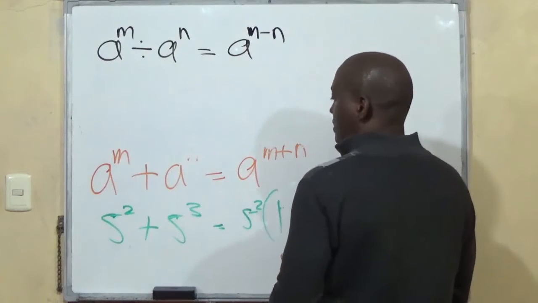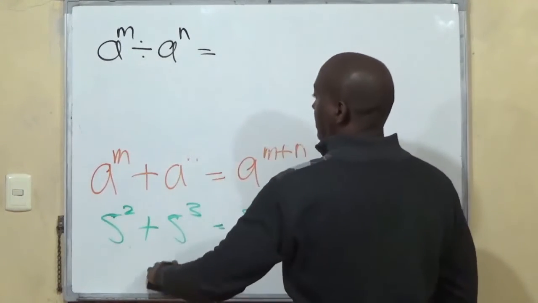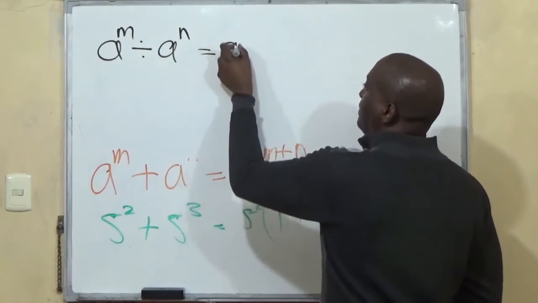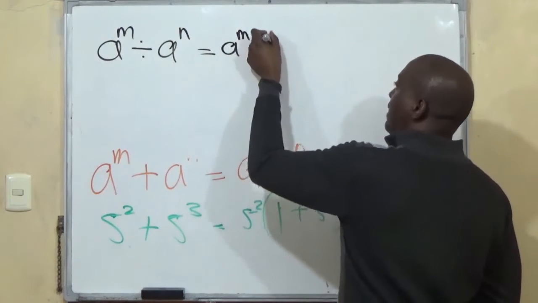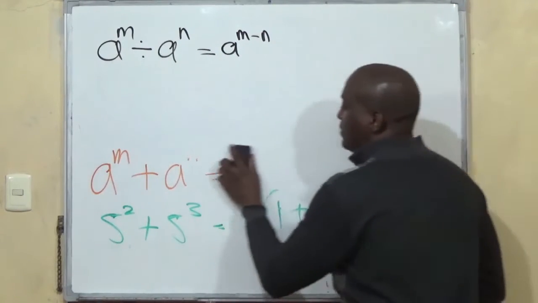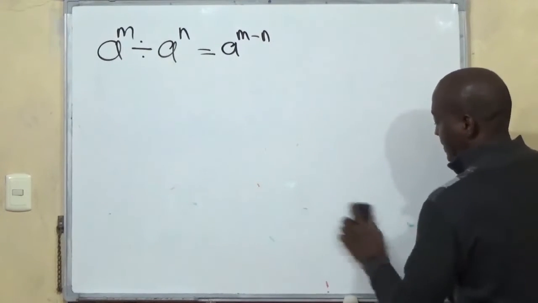So the third rule of indices is that a to the power of m divided by a to the power of n is a to the power of m minus n. And again, we could illustrate using some examples.